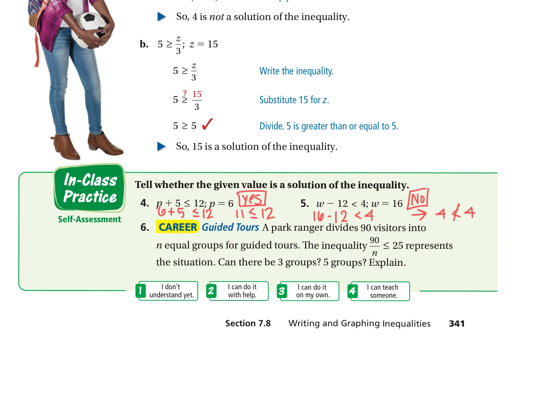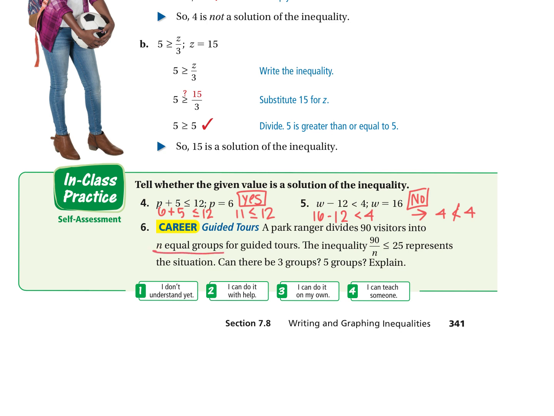Okay, number 6 says a park ranger divides 90 visitors into n equal groups for guided tours. The inequality 90 divided by n is less than or equal to 25 represents this situation. Can there be 3 groups or 5 groups? And it wants us to explain. So what I want to do first is plug in 3 for n because n means equal groups.